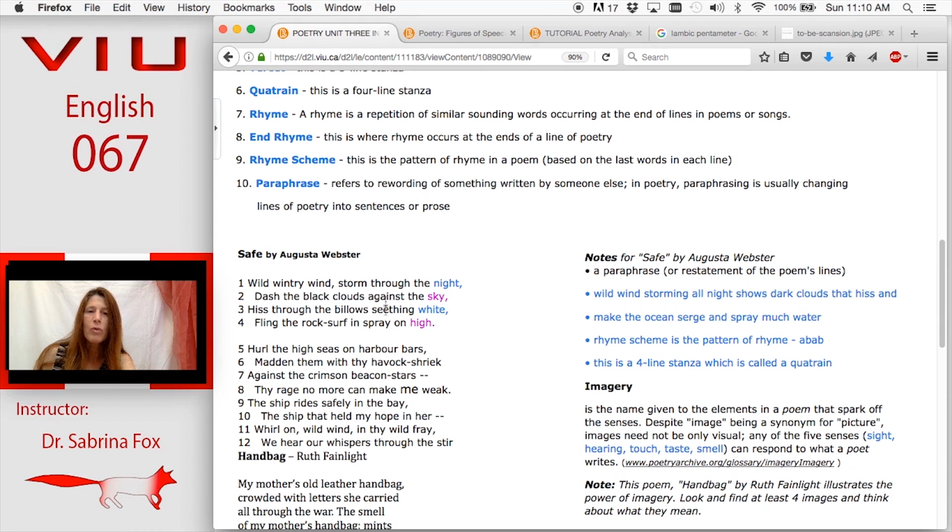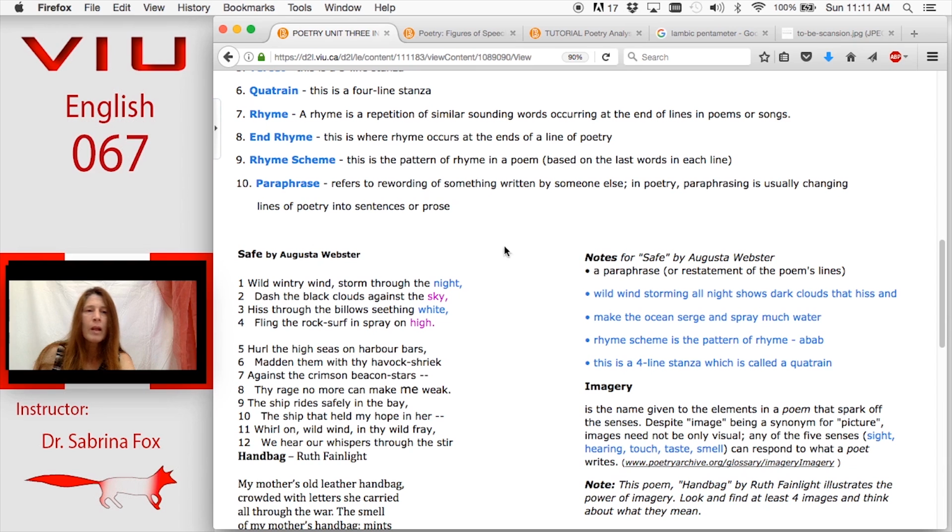If I took those lines of verse and put them into my own words, I might say, a wild wind storming all night shows dark clouds that hiss and make the ocean surge and spray much water. So I've just translated into words that are mine, which makes it a little bit easier to understand.